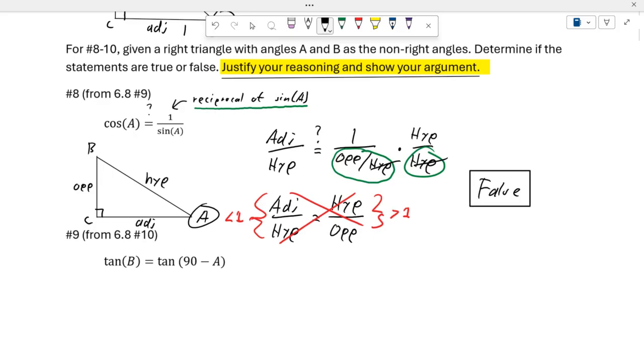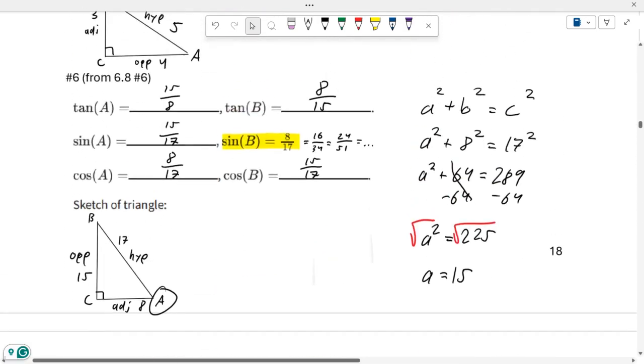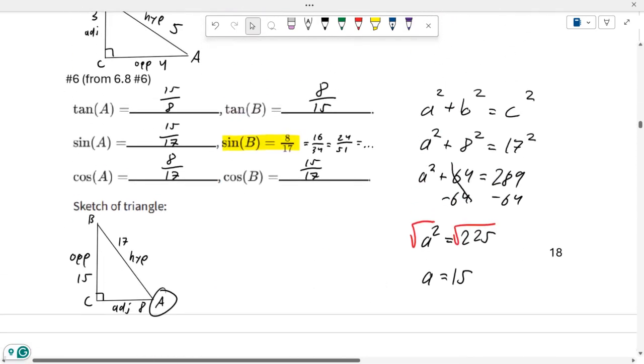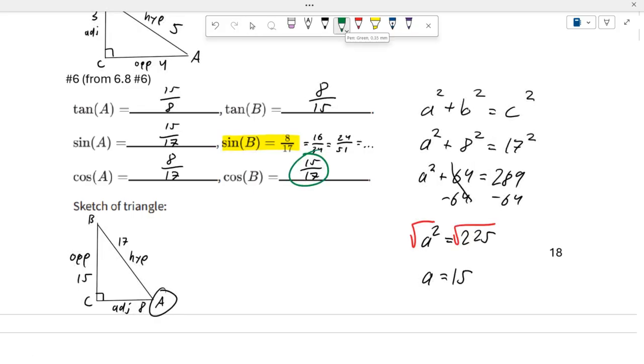There are other ways of proving that this is false. What you could have done is look at any of the problems we've done in this assignment so far and plug in those specific numbers. If you go to number 6 and look at cosine of B and compare that to the sine of B, if you flip sine, you get 17 over 8, and 17 over 8 does not equal 15 over 17.